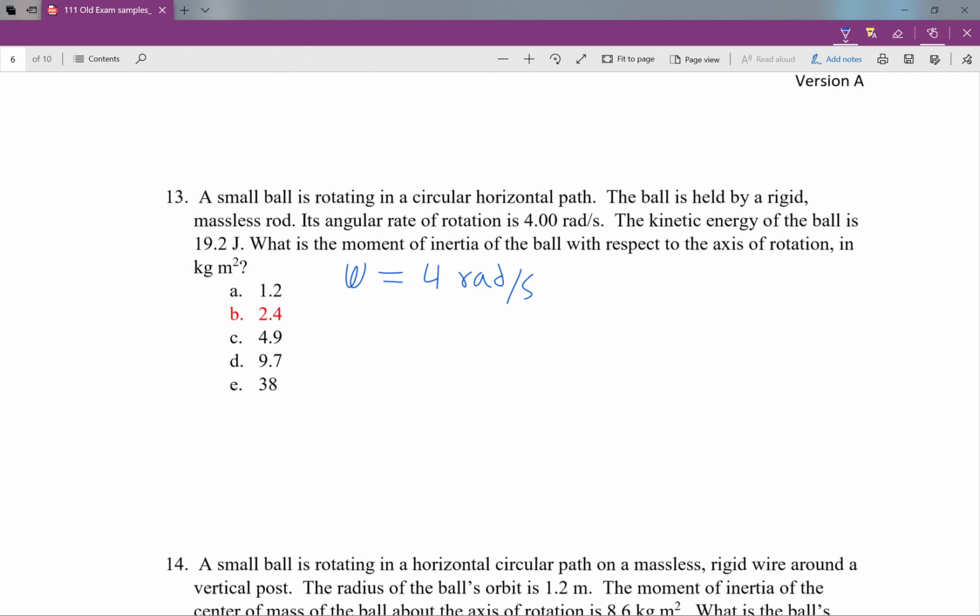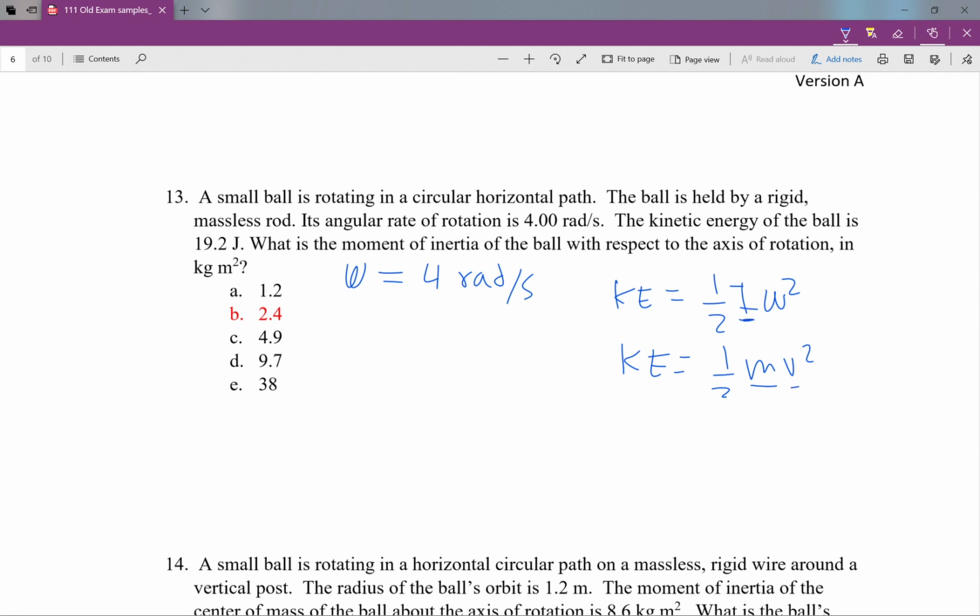For this question, we know that the kinetic energy for rotation is going to be 1/2 I omega squared, where I is the moment of inertia. That's analogous to 1/2 m v squared, where m is mass and v is velocity.